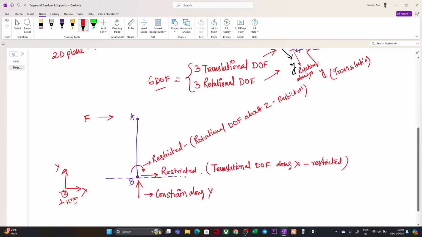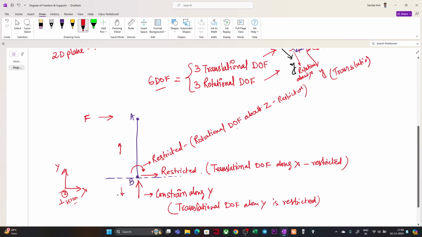And when we say the sliding is restricted, that means the vertical movement is restricted, that means the translational degree of freedom along Y is restricted. That means it cannot go up and it cannot go down, correct?